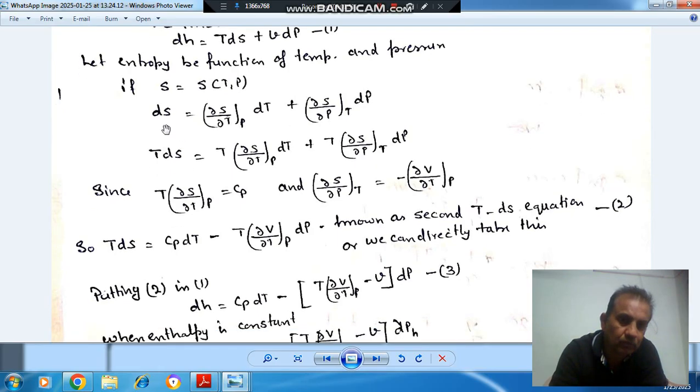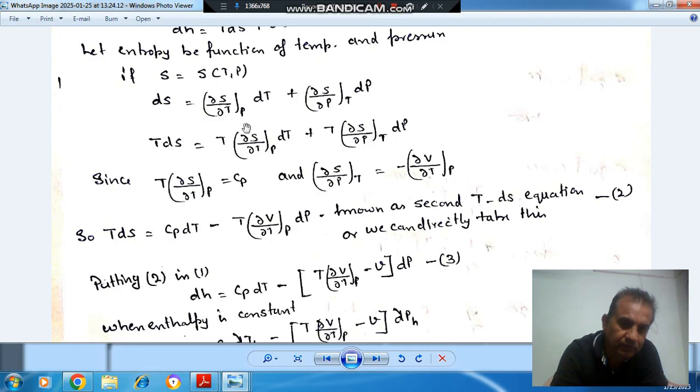This is the equation that we have found. Now if we multiply it by T on both sides, TdS will be equal to T(∂S/∂T) at constant P dT plus T(∂S/∂P) at constant T dP.